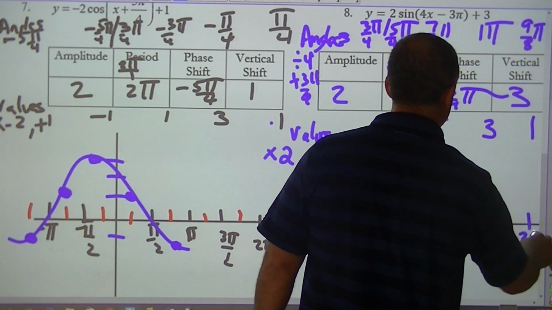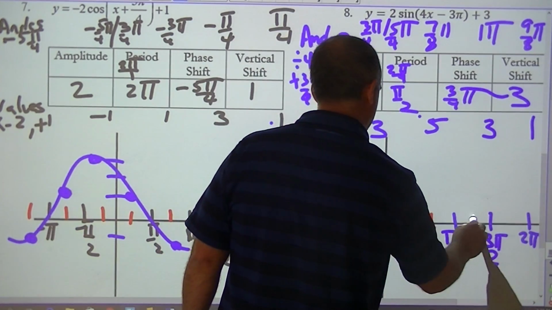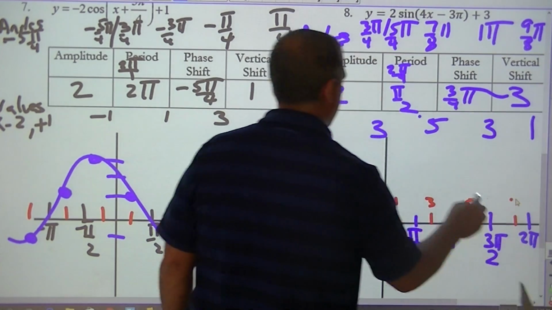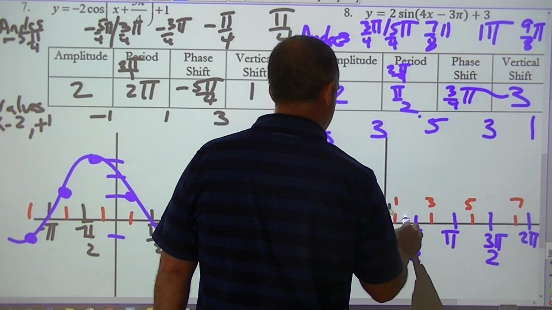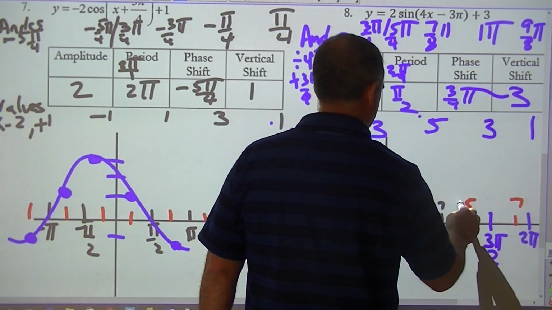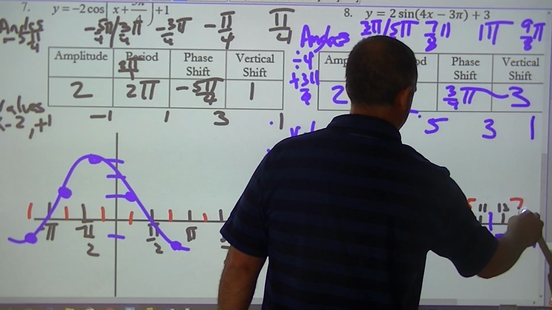Since you have some 8s in here, what you want to look at is that these would be the quarters. So that'd be 1, 3, 5, and 7 in red. In black, that'd be 1/8, 3/8, 5, 7, 9, 11, 13, 15.